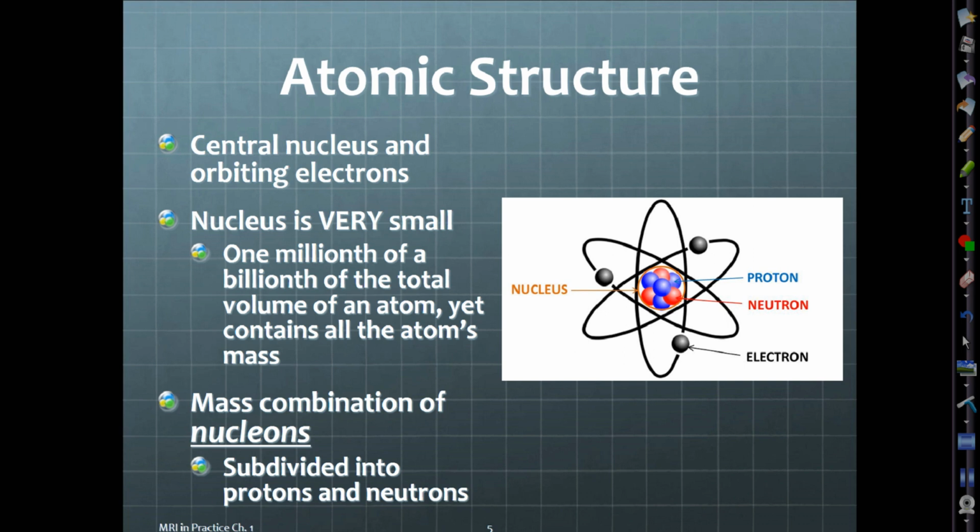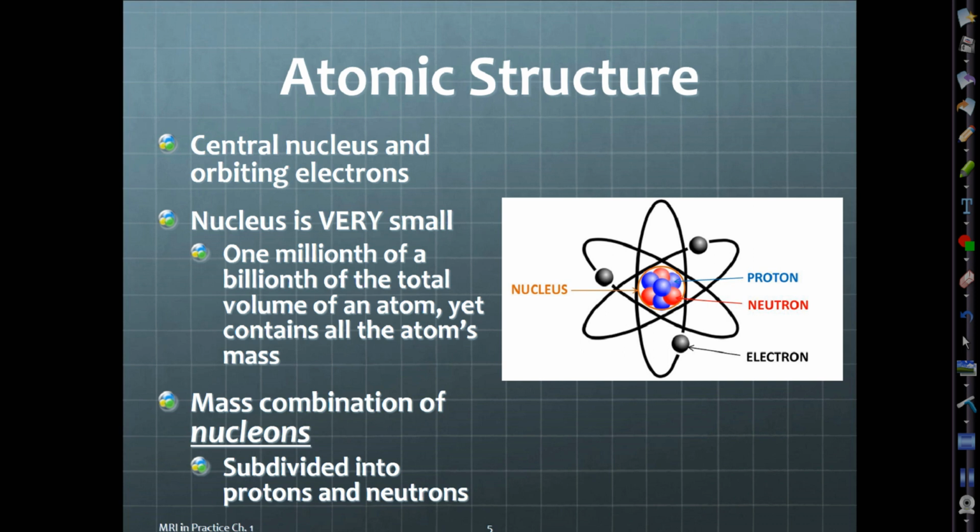Let's talk about that anatomical structure. We have a central nucleus and orbiting electrons. Remember, the nucleus is very, very small, one millionth of a billionth of the total volume of the atom, yet it contains all the atom's mass.